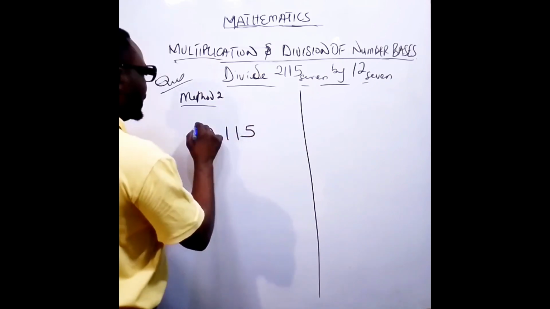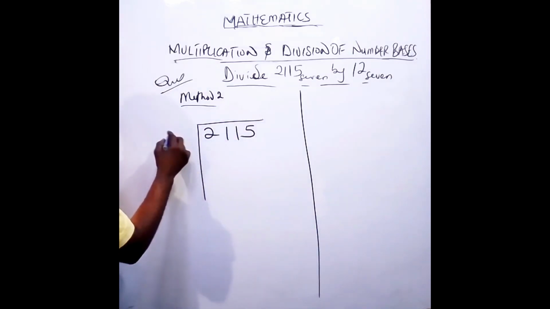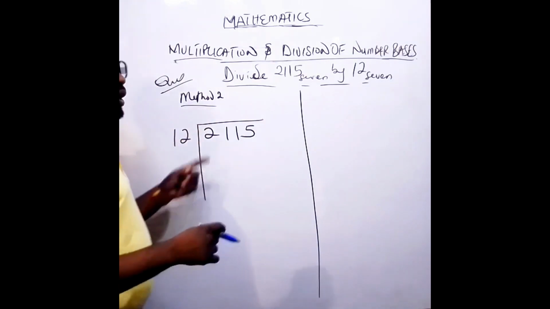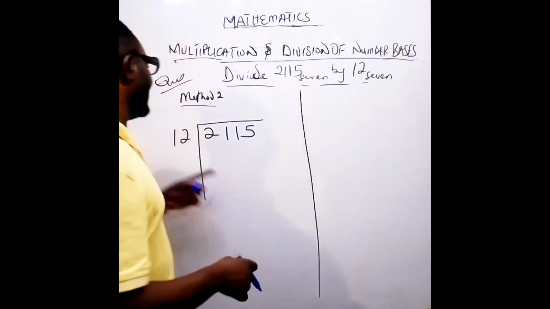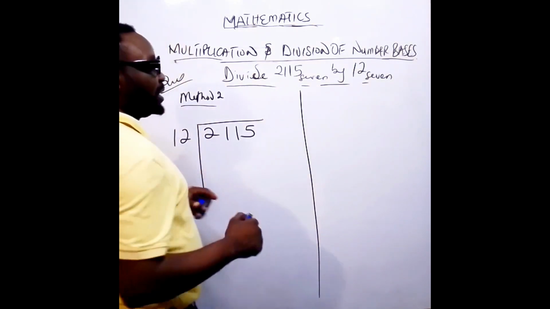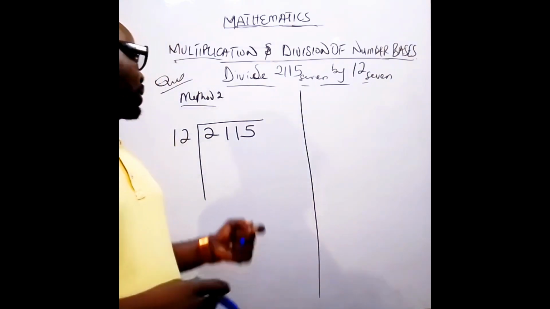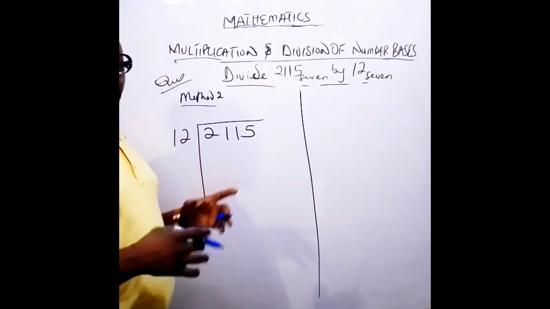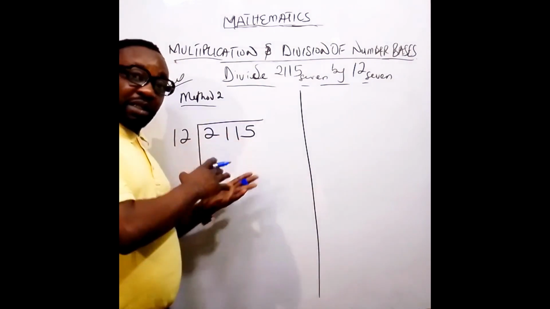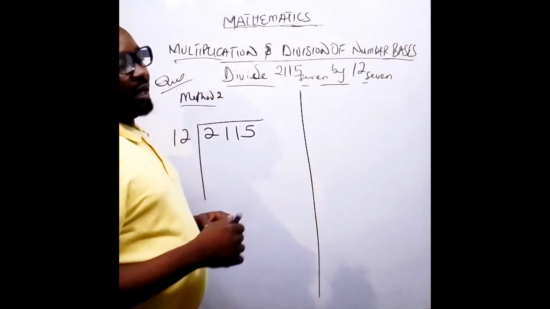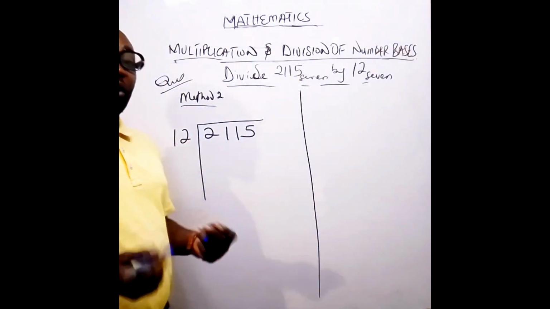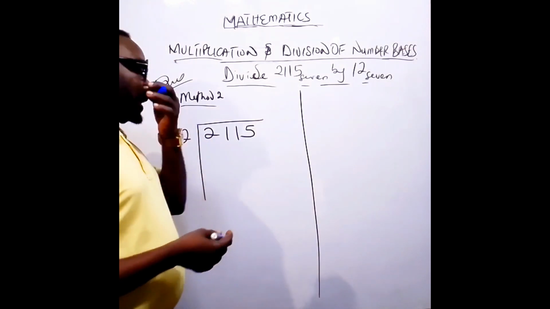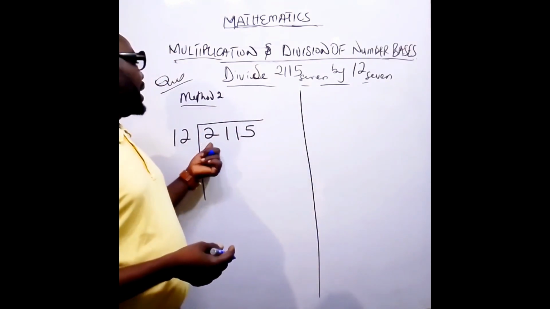Then you apply the same method we apply in base 10, but it's going to be different. Ordinarily, if you say 12 in 21 in base 10, you are going to get the value that will give you the base 10 answer. But what you do here is look for a value that you are going to multiply in base 7.